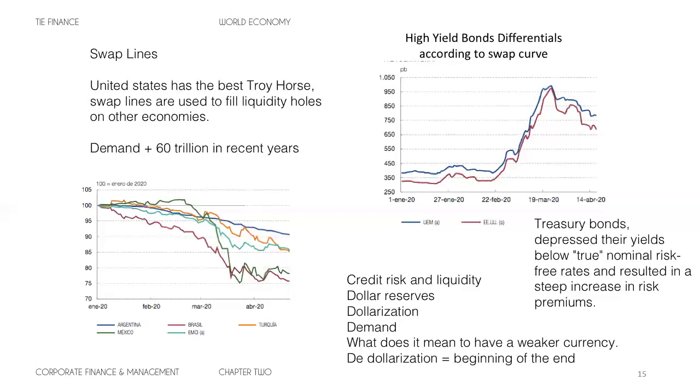And what does it mean to have a weaker currency? Right now Trump is very furious because basically all the US industry is declining. As people lose purchasing power and the currency is weak in economies with cheap fiat currencies, the labor force gets very, very cheap, and this is fertile ground for international companies to open factories.